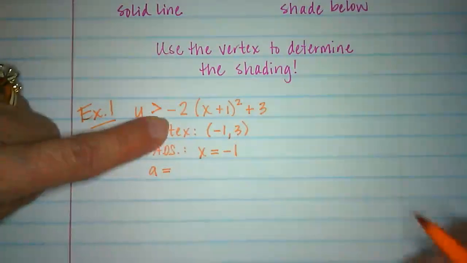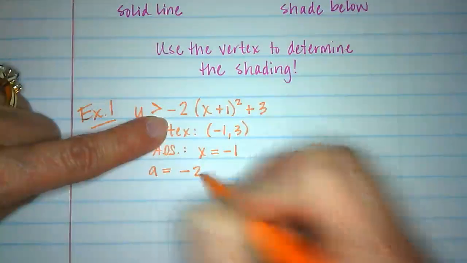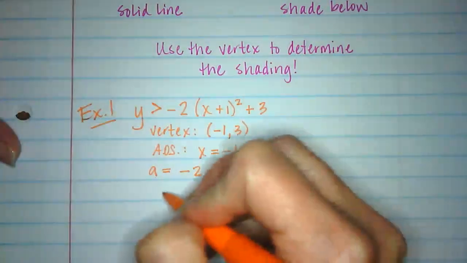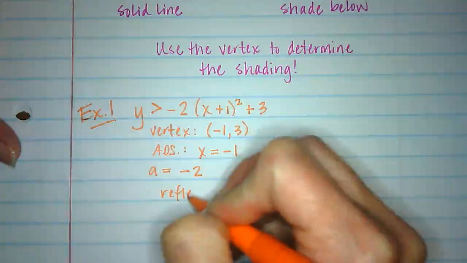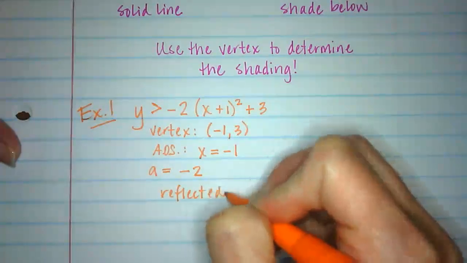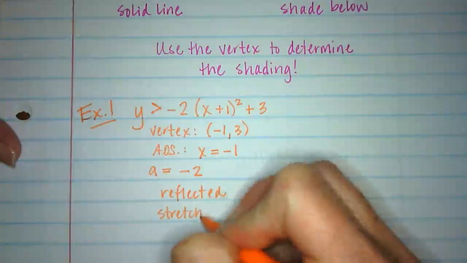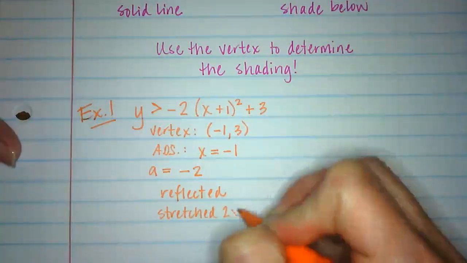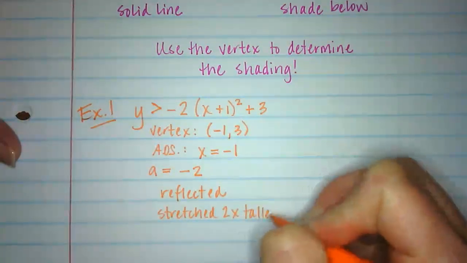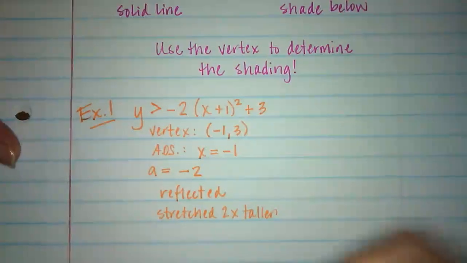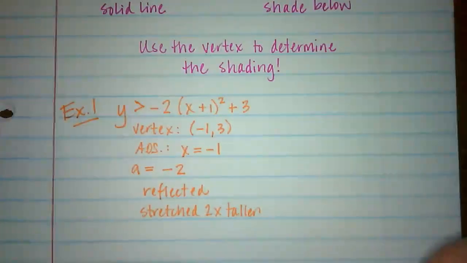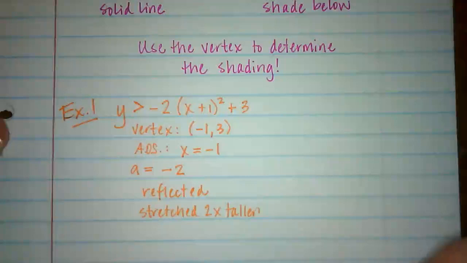The value of a in this one is -2. So that tells me that our parabola is going to be reflected and stretched 2 times taller. That's the information that we need to graph the parabola.